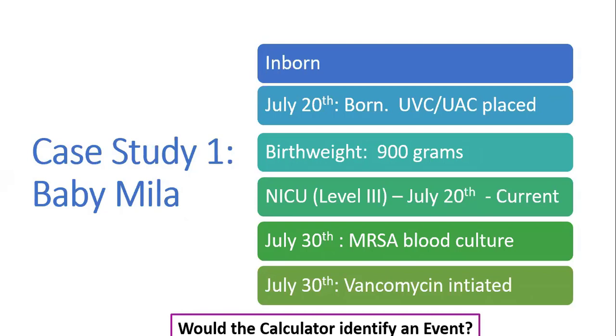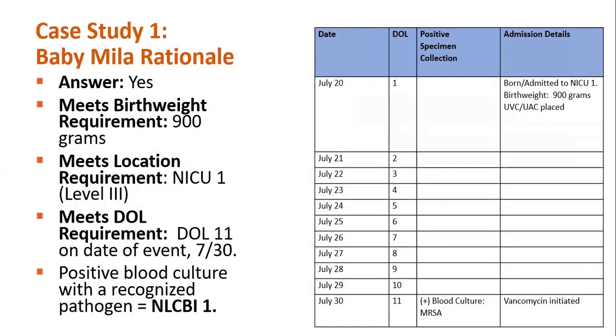On July 30th, the patient has a positive MRSA blood culture and vancomycin was administered on the same date. Would the calculator identify an event? I'll give you just a second to ponder that. And we'll look at the rationale on the next slide.